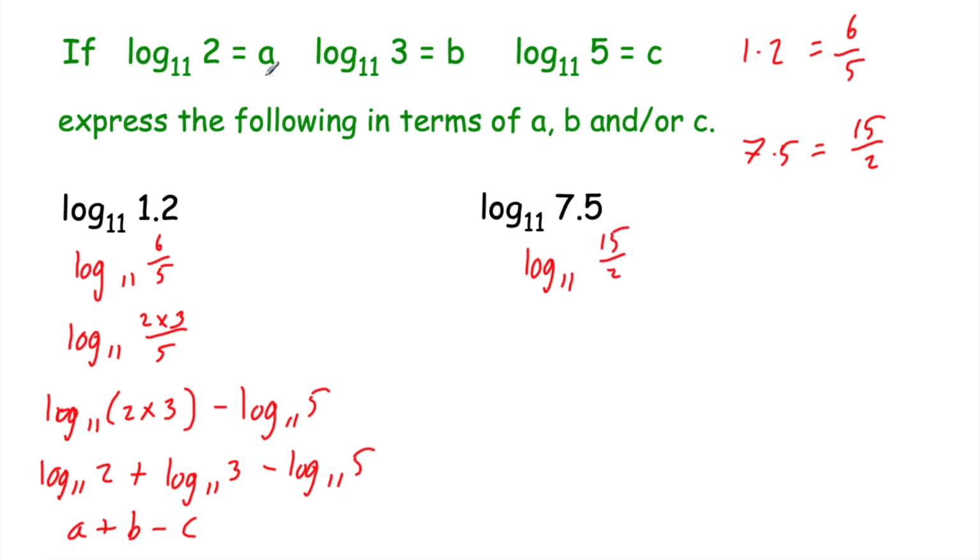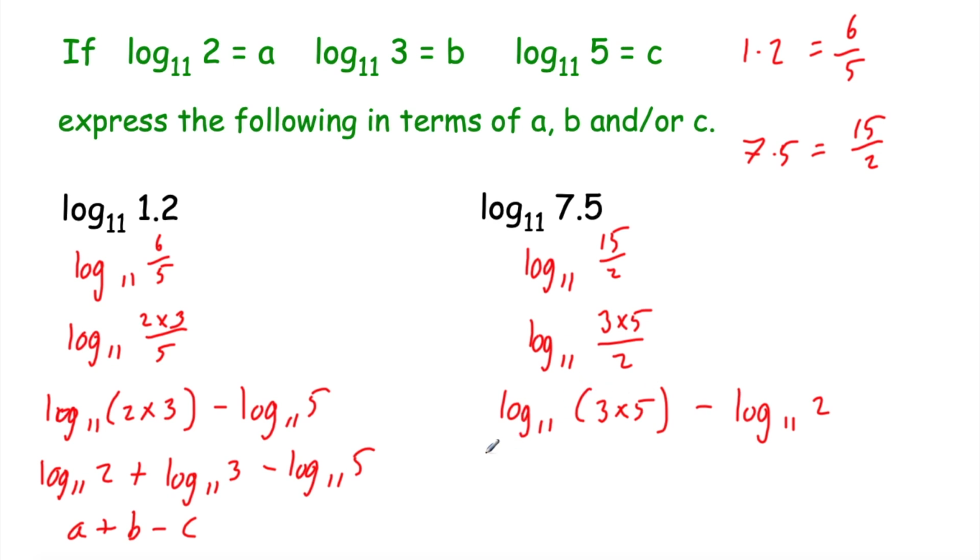Now the 2 on the denominator is fantastic, but we've got 15 on the numerator. Now 15 is 3 times 5, so that'll be the log to base 11, and instead of 15 we're going to write 3 times 5 on the numerator, divided by 2. Okay, now let's split this up. So this will be the log to base 11 of 3 times 5, subtract the log to base 11 of 2.